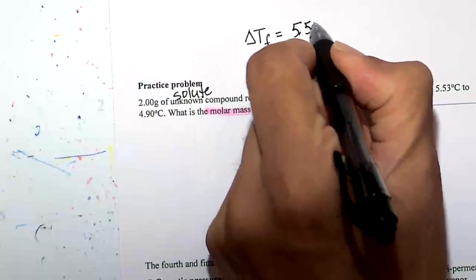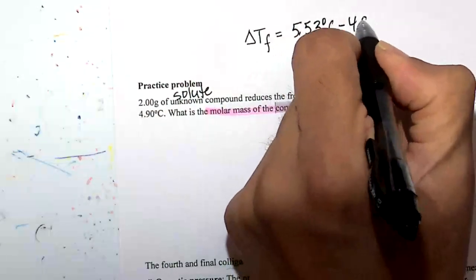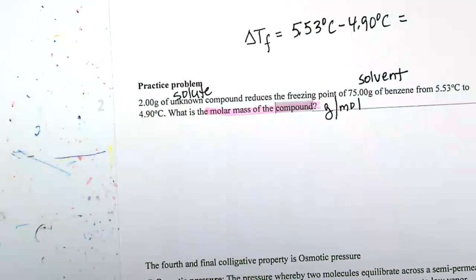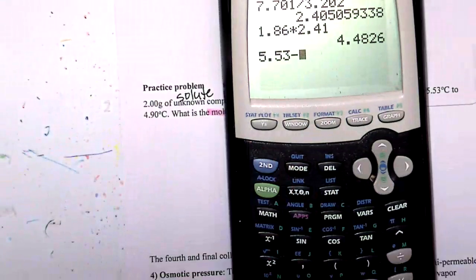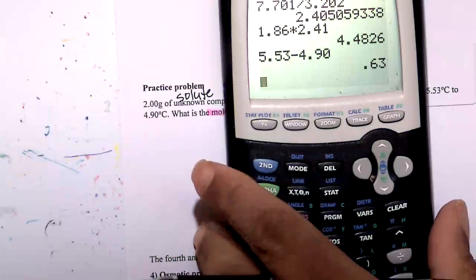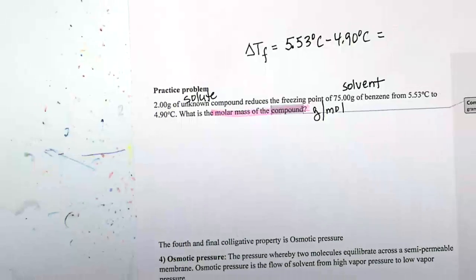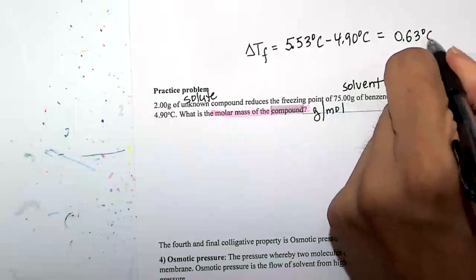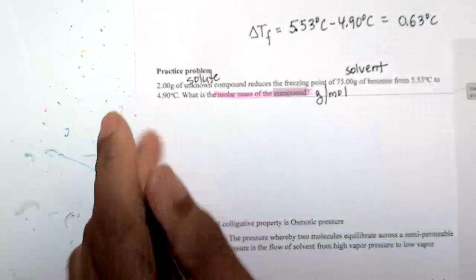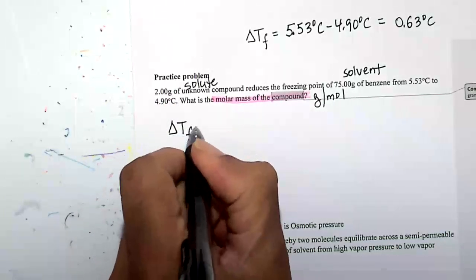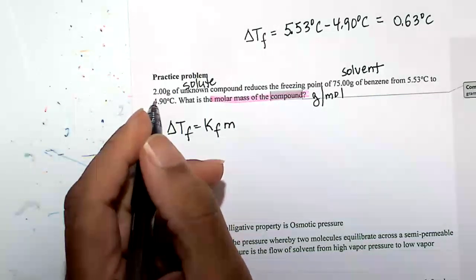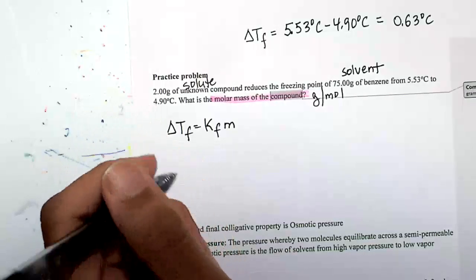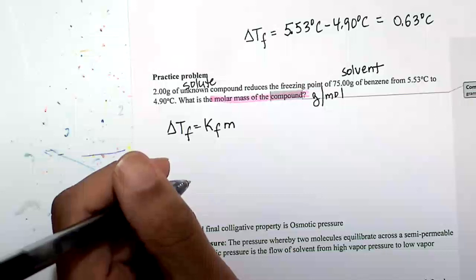We're going to take that 5.53 degrees C and subtract 4.90 degrees C, about 0.63 degrees C. Remember our definition of molality: it's moles of solute over kilograms of solvent.